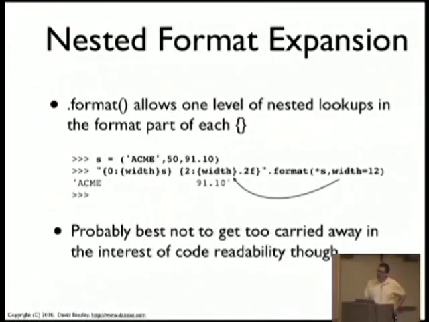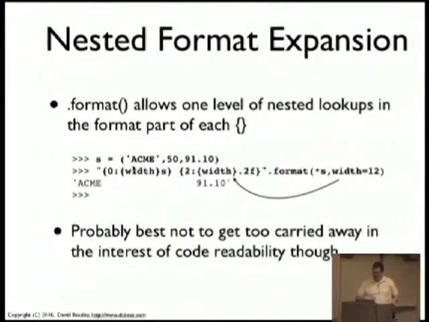And then if you really want to make your head explode, there are ways to do nested substitutions. I'm not sure how much I would advise doing this to an extreme level, but one of the things you can do is say 0 colon, and then make a reference to some other parameter in here like width. Then it will take that value and make it part of the formatting code.